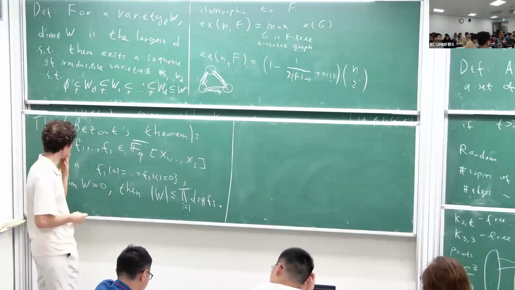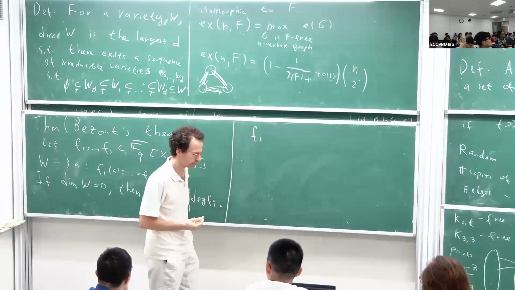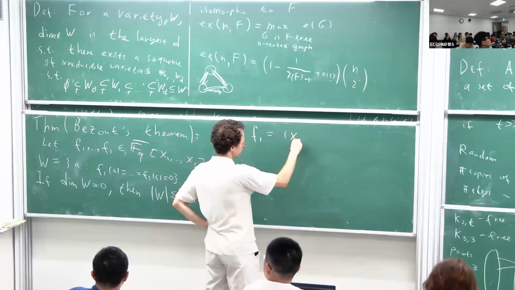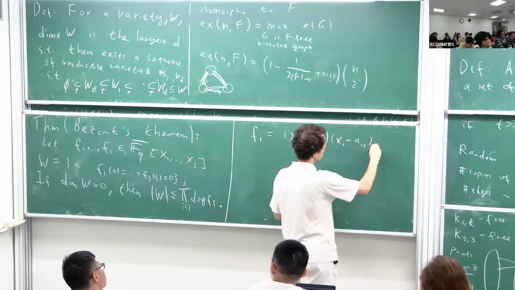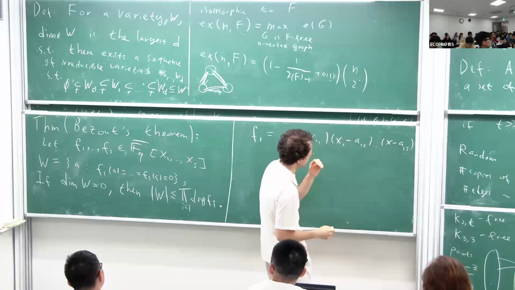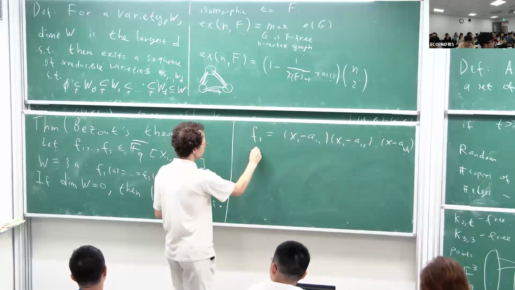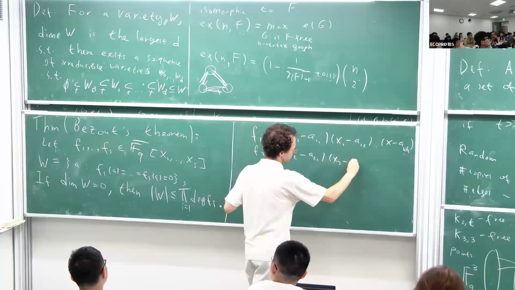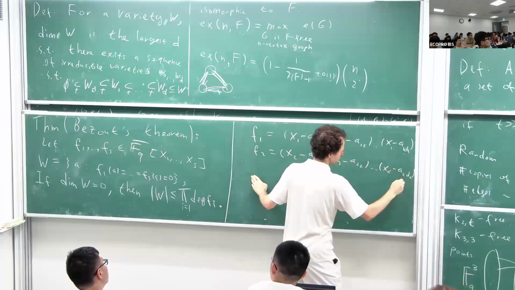If you look at this special case, say F1 is (x1 minus some number)(x1 minus another number), etc. So imagine it's just the product of some linear factors. And F2 is similar, etc.